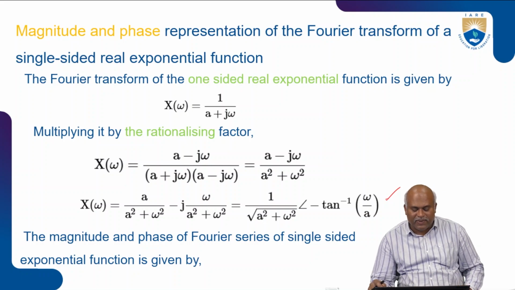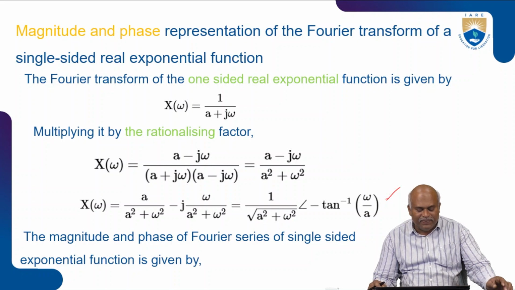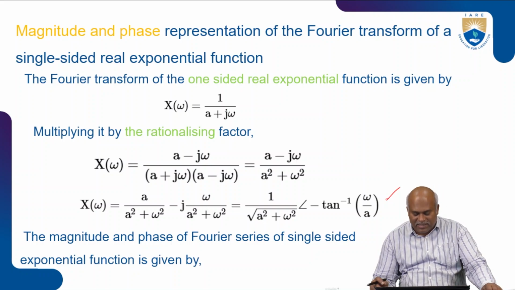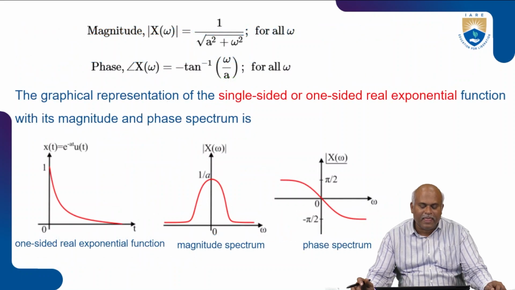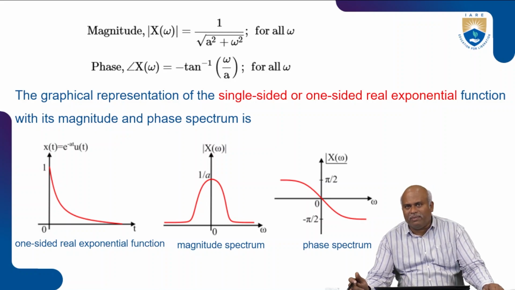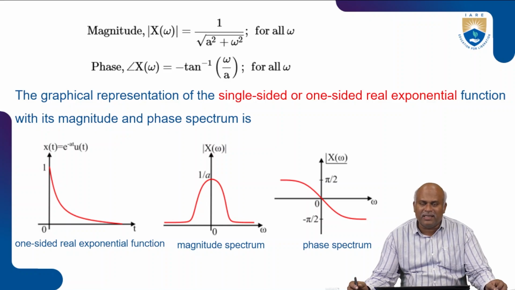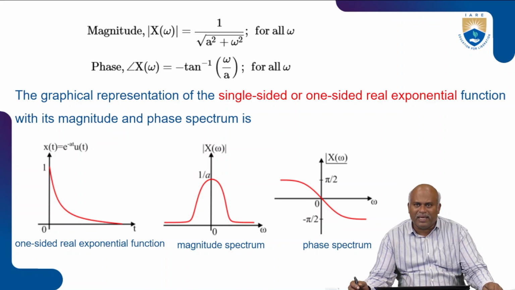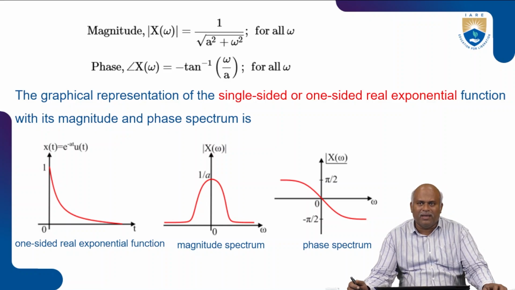The magnitude and phase spectrum of the one-sided exponential function are given by: magnitude mod of X of omega equals 1 by root of a square plus omega square for all values of omega. The phase angle is angle of X of omega equal to minus tan inverse of omega divided by a for all values of omega.